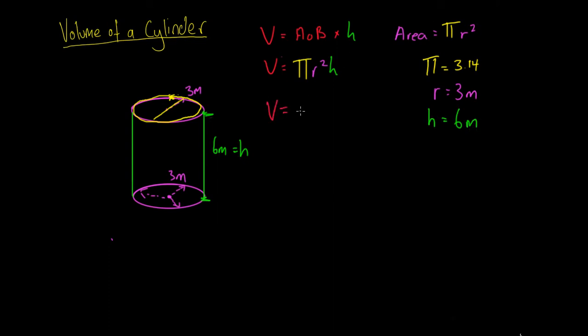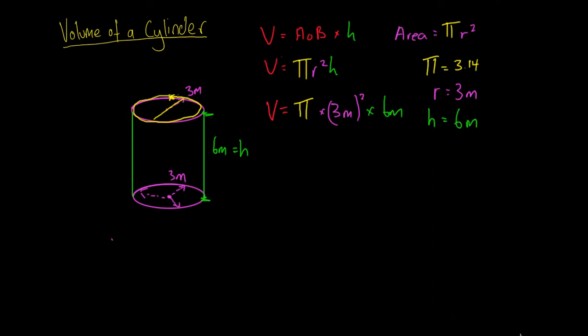If we want to work out the volume of this shape, we have pi, which we know, and we want to multiply pi by the radius squared, and then multiply that by our height. So it's pi multiplied by our radius, which is 3 meters, squared, multiplied by our height, which is 6 meters.